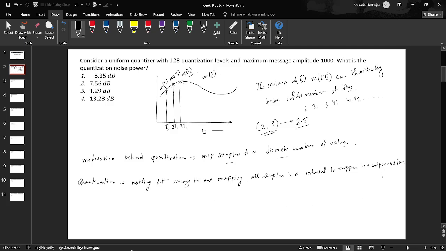This unique value, in more formal terms, we call quantization level. And of course, when you are going to map all the samples in an interval to a particular value, that is quantization level, what you are going to introduce is something called approximation error.